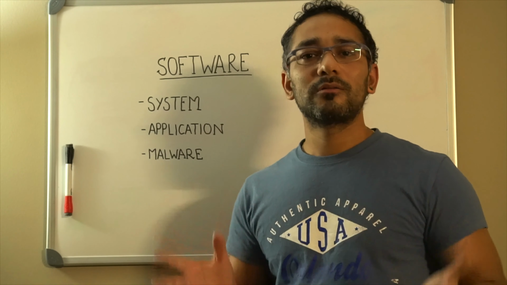Let me tell you. The term software was first used by an American mathematician called John W. Tukey in 1952. Actually, we don't know who invented this term, but the mathematician used it in his research paper. In one of his articles, he used the term software.